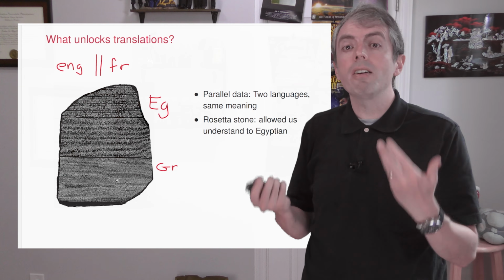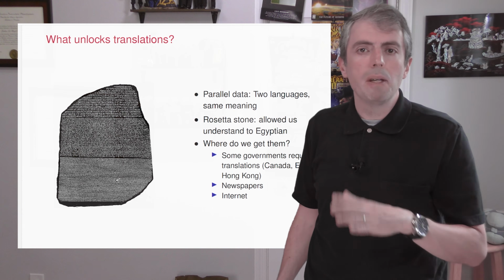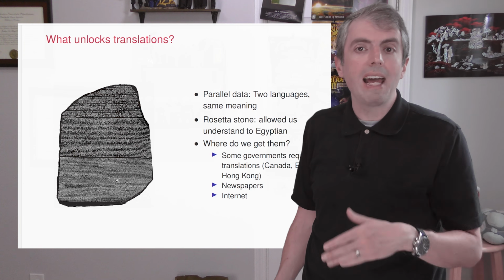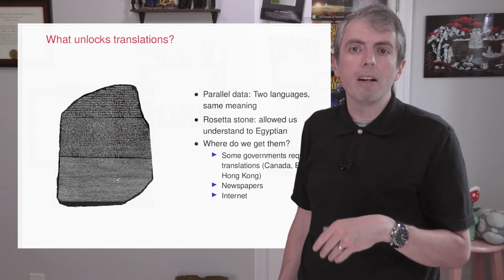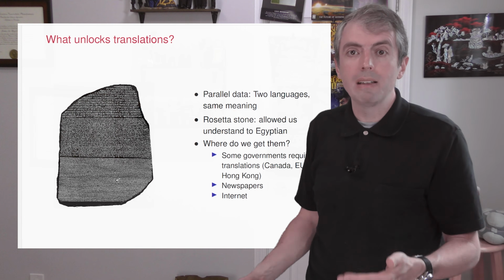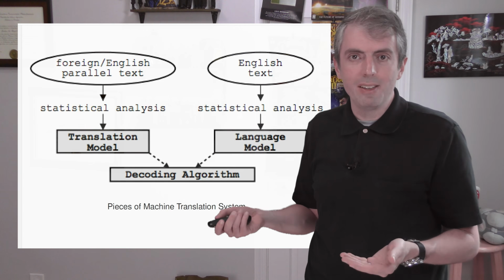But thankfully, there are people producing parallel text today. Some newspapers, people with multilingual web pages, and parliaments of places like Canada and Hong Kong that require all parliamentary debate to be available in multiple official languages. This allows you to decode these foreign languages.